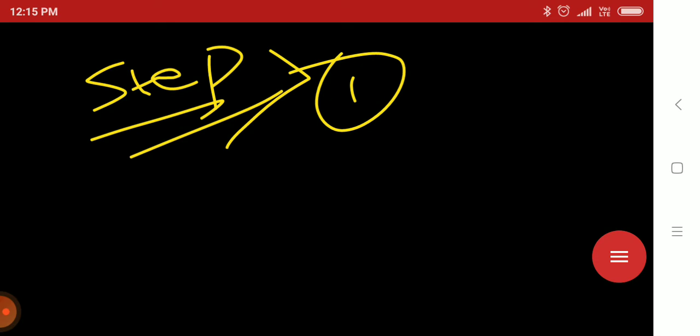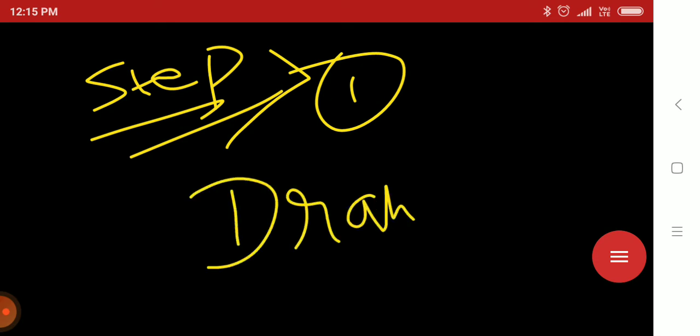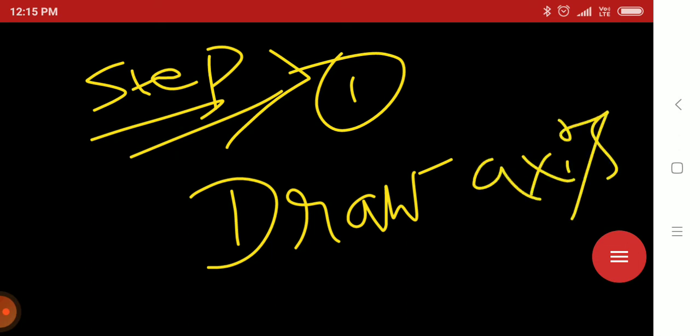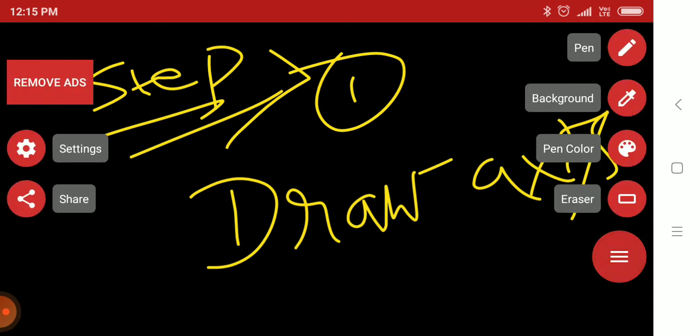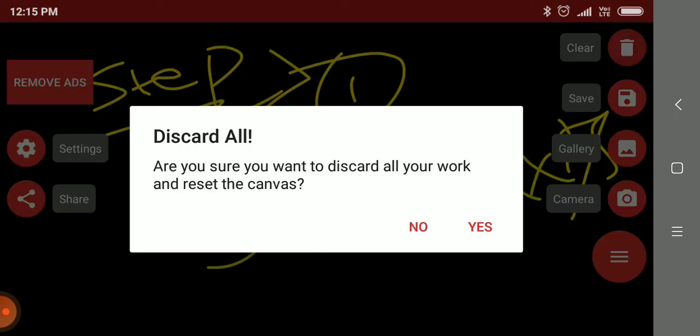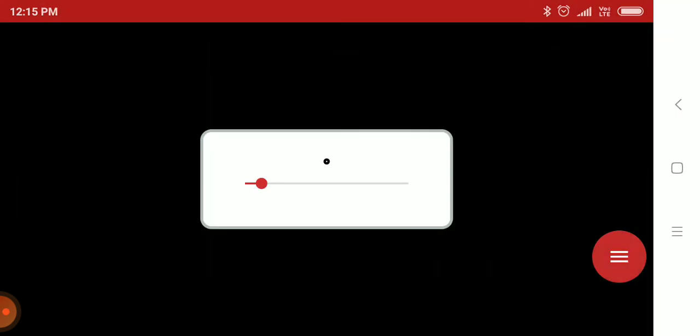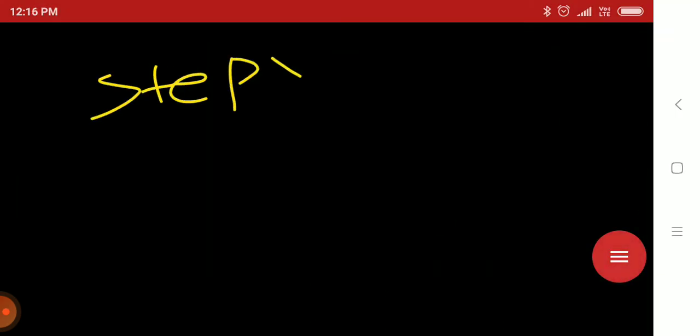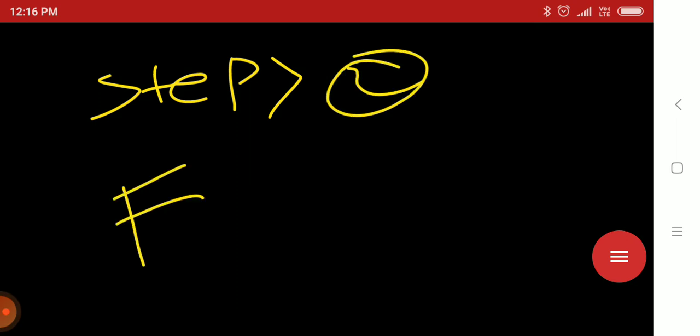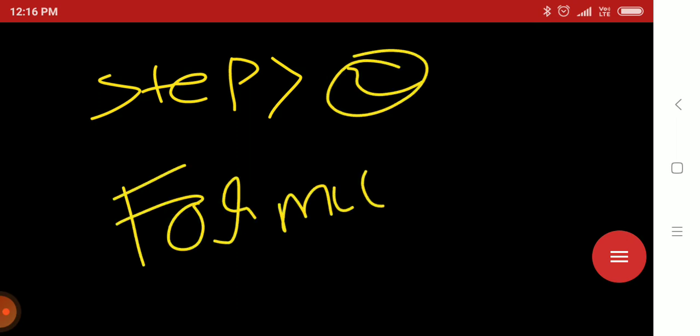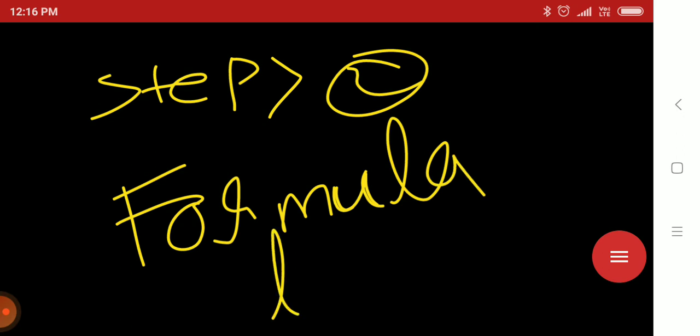So step 1 is draw the axis and angle also, and step 2 is the formula to solve.